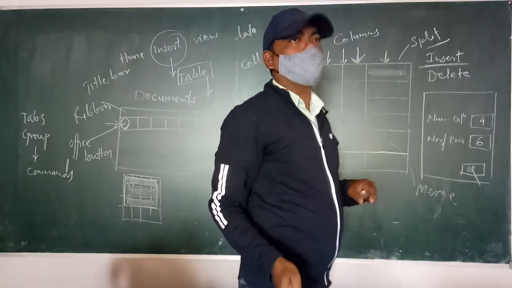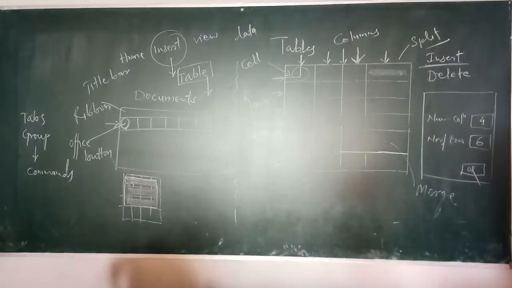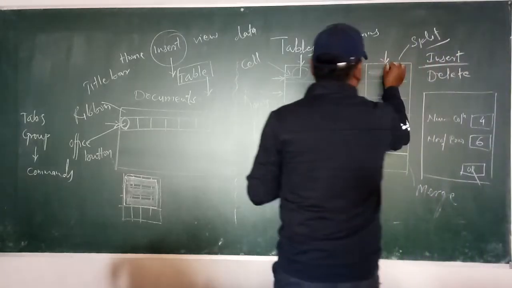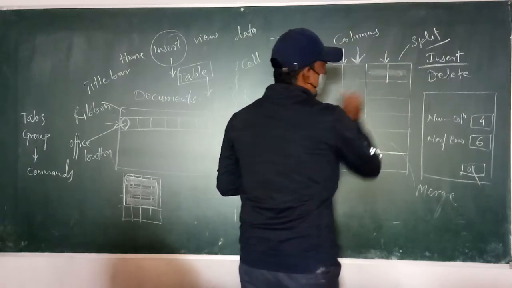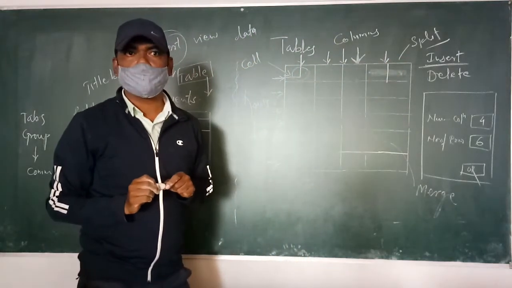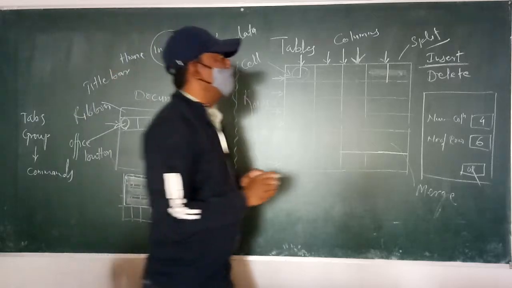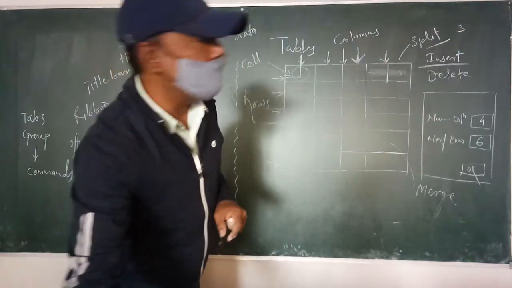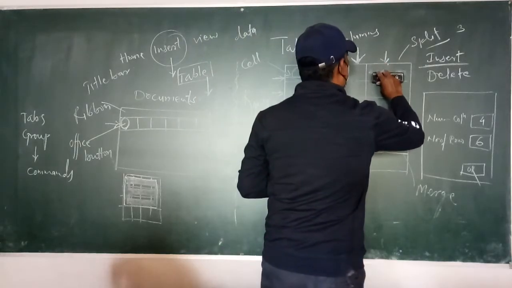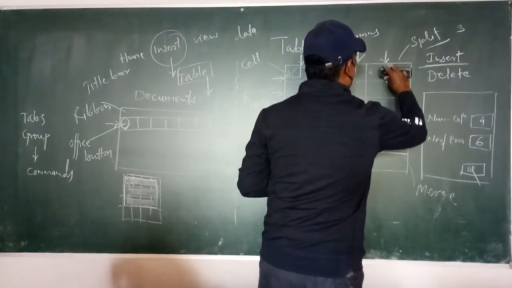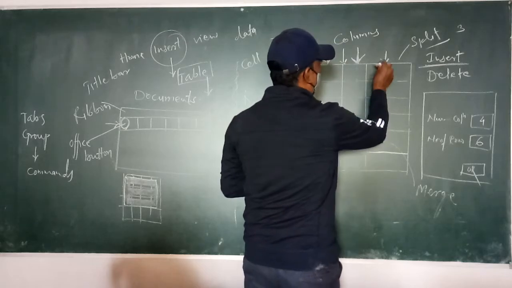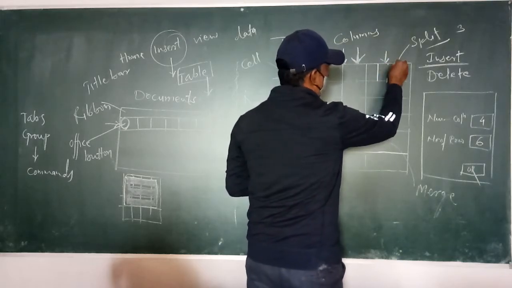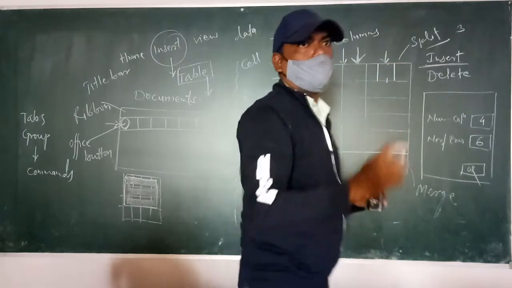Then it will ask you how many cells you want to split into. If you give 2, this cell will become 2 cells. Or if you give 3 in the split option, then the cell will be divided into 3 equal size cells.